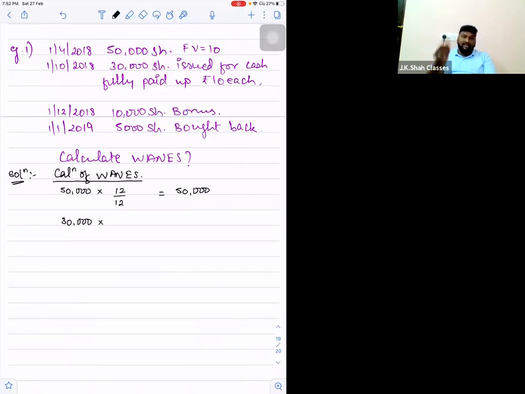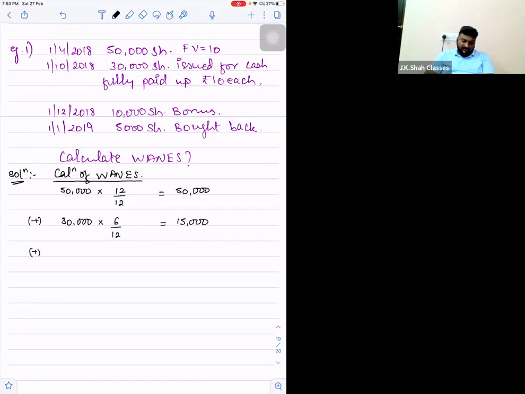So they will not have full right in the profits. They should have right in the profit only for 6 months, right? So for their weighted average, we will do 6 upon 12. So technically, they will have rights in the EPS for 15,000 shares only. Because they are not outstanding for the full year, they're outstanding for a period of 6 months only. Right? This will be added up over here.